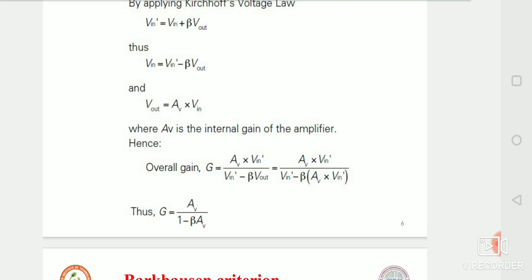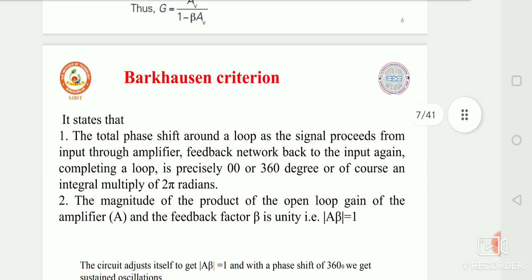In this, we have to know two different criteria, known as Barkhausen's criteria. The total phase shift around a loop, as a signal proceeds from the input through the amplifier and feedback network back to the input, must produce a phase shift of 0 degrees or 360 degrees, that is, integral multiples of 2 pi radians.